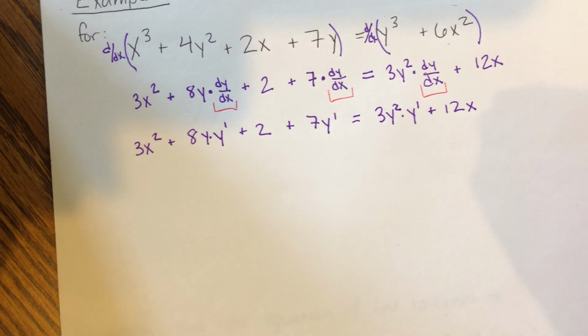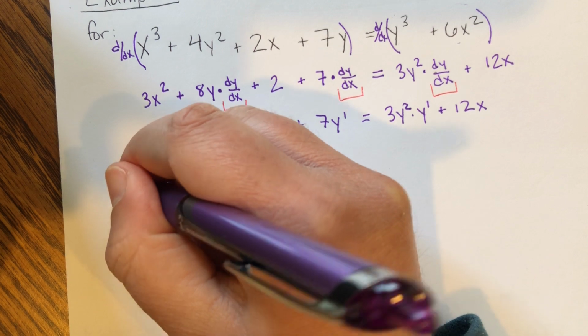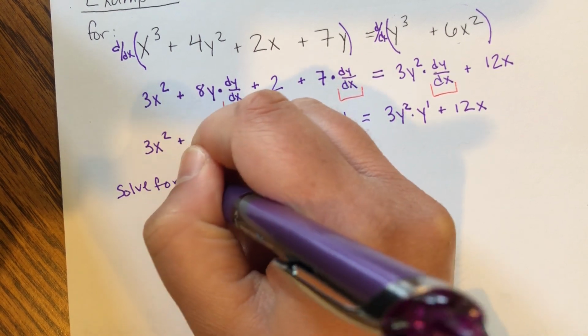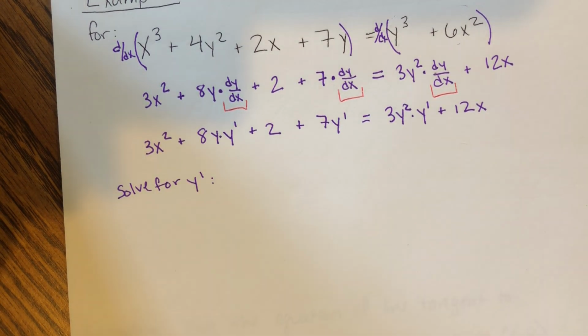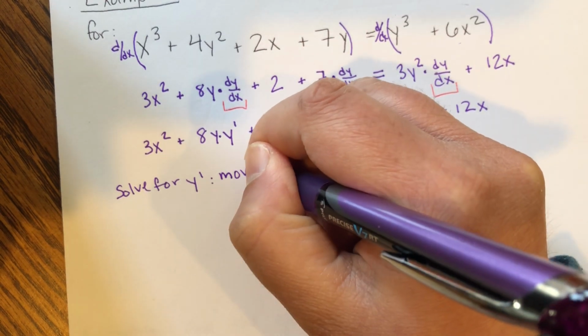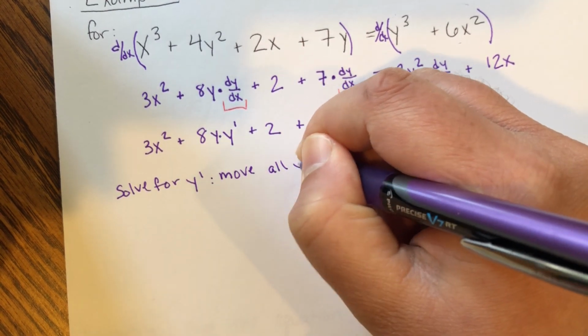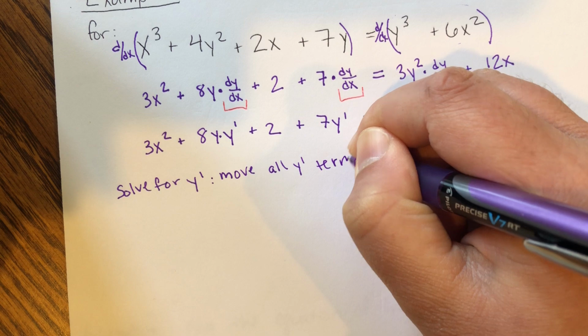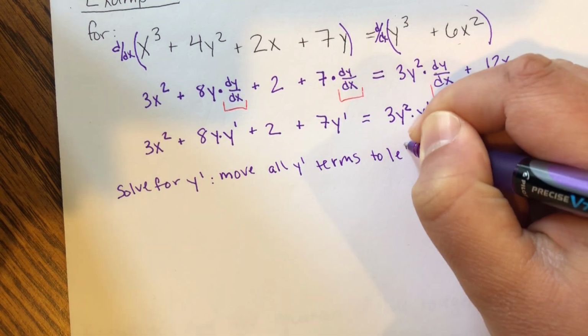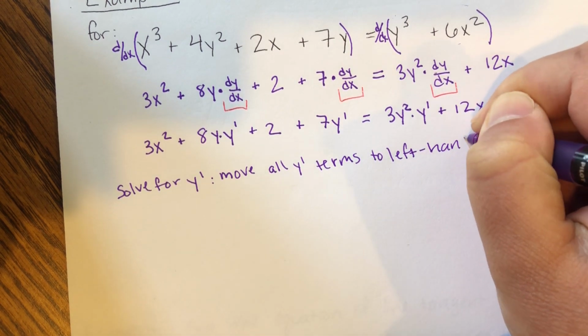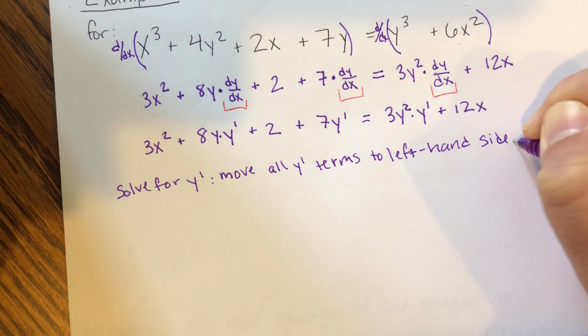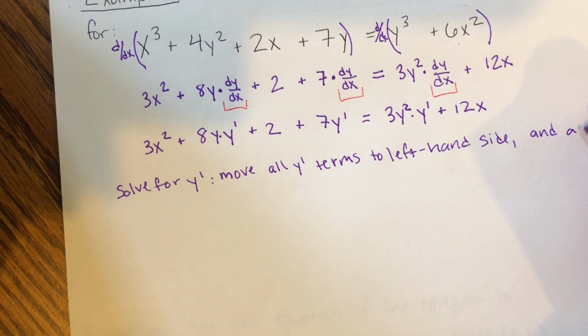Okay, now what we need to do is solve for y prime. We can do that by moving all y prime terms to the left-hand side of the equation and every other term to the right-hand side.